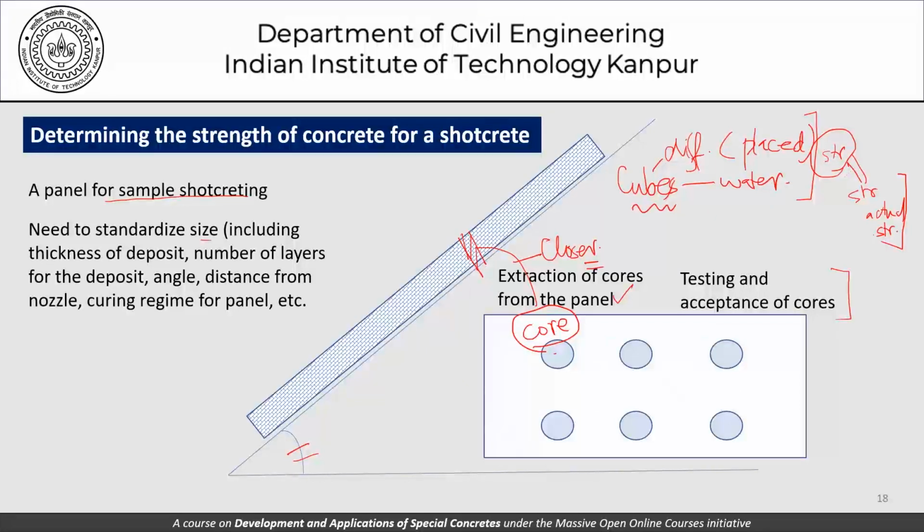So if the nozzleman is carrying out the operation for slope stabilization, and as part of that process he is also casting a panel which is later used to extract cores which are tested in strength to determine the strength of the concrete in the slope stabilization, that operation is closer to reality than cubes being taken from the concrete and tested for strength to try to make an assessment of the strength of the concrete in the actual structure, because these panels can then be cured under identical conditions as the actual structure.